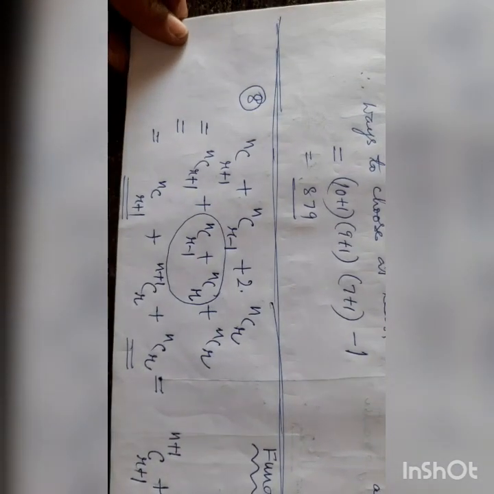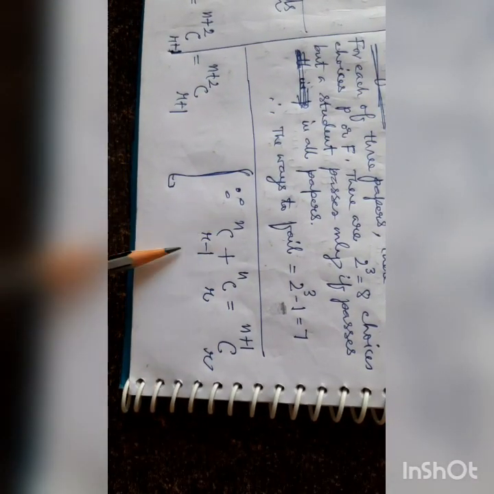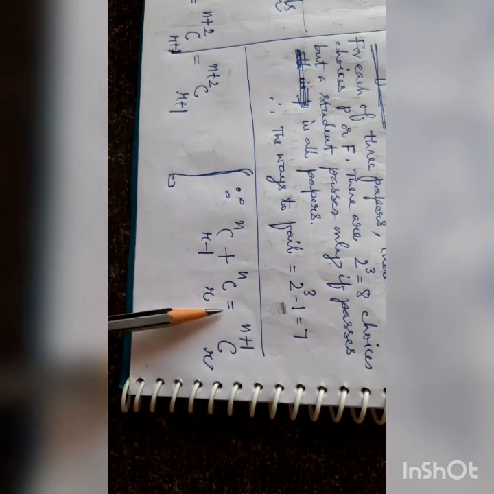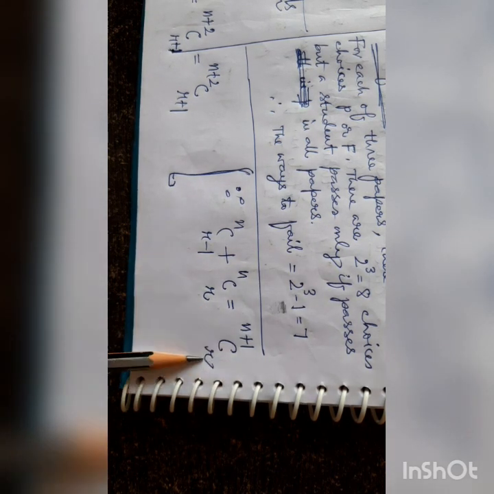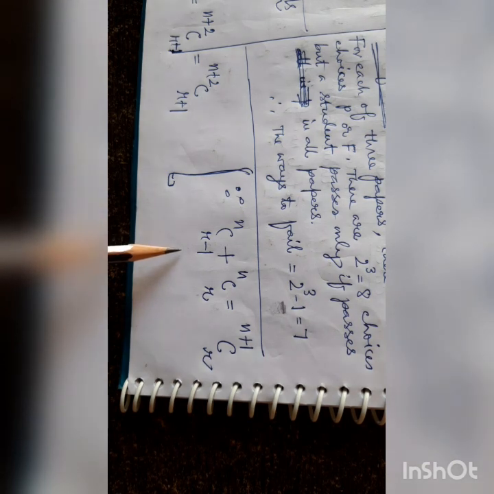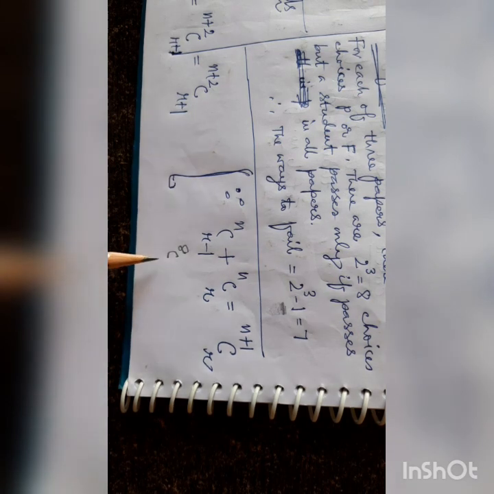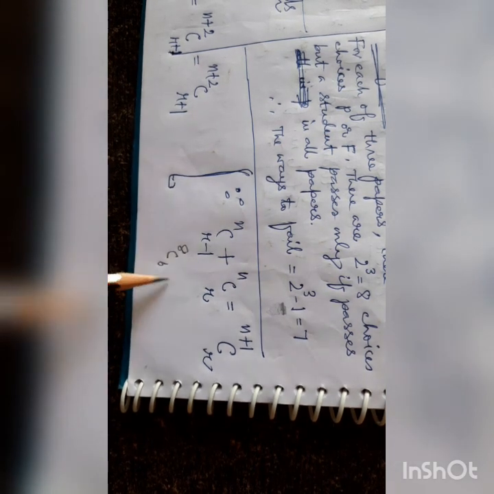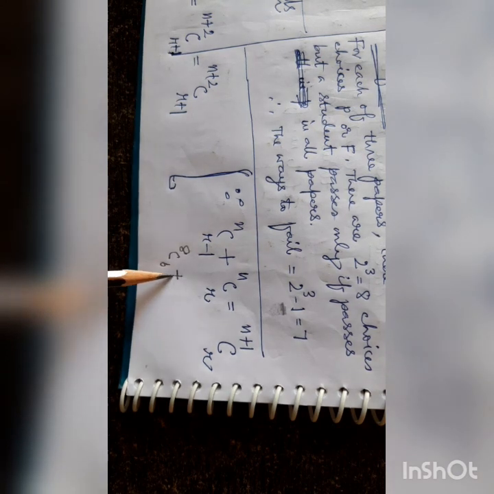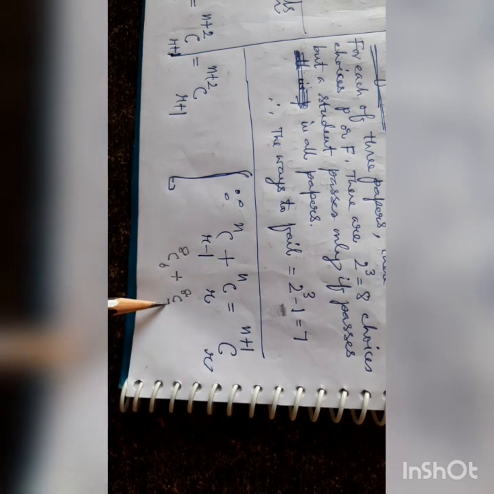Next you see one formula, we have learned it, I told it. nCr-1 plus nCr equals to n+1 Cr. Remember this formula, I have already told. You see here, suppose 8C6 plus 8C7.